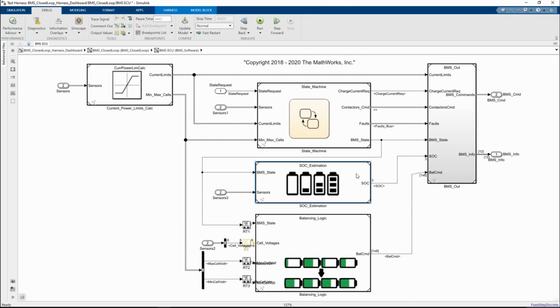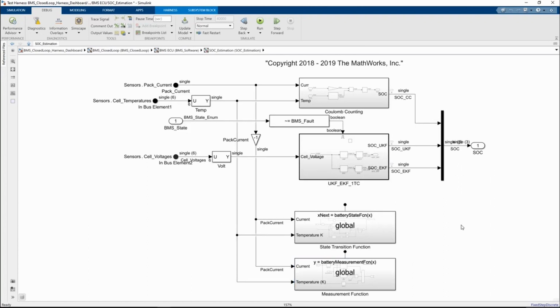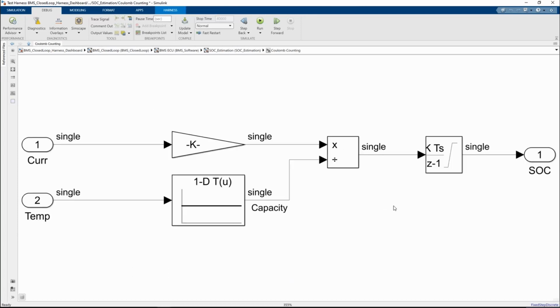The third subsystem contains 3 different methods for state of charge estimation. In practice, we would only choose one of them, but here we present all 3 to illustrate their individual limitations and behavior. The first method, known as Coulomb counting, consists of integrating the current that enters and leaves the cell to keep track of the state of charge over time.